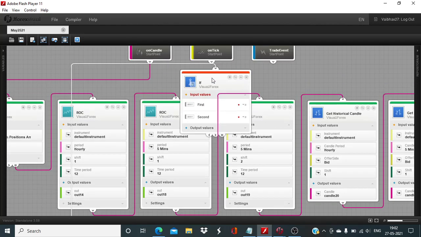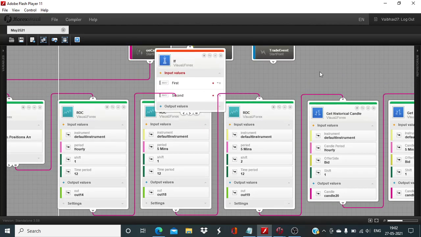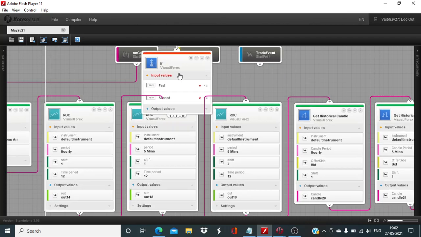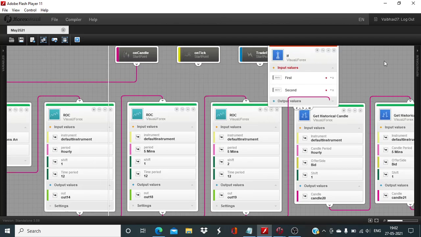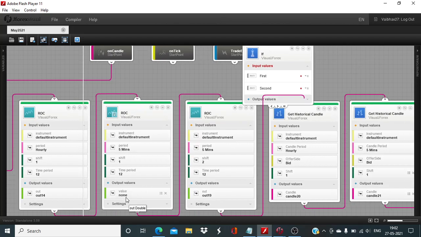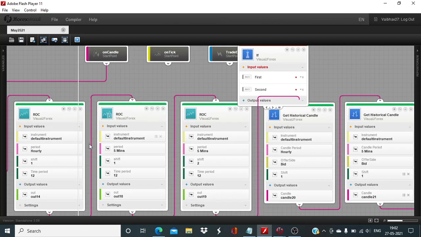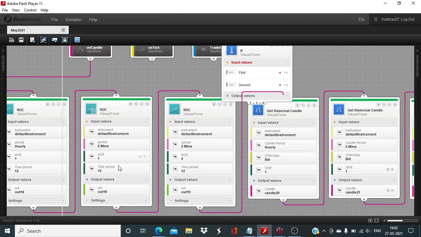And after that, we need to look at the ROC output for 5 minutes. And in this case, the out 18, the last 5 minutes ROC value needs to be less than minus 0.1.